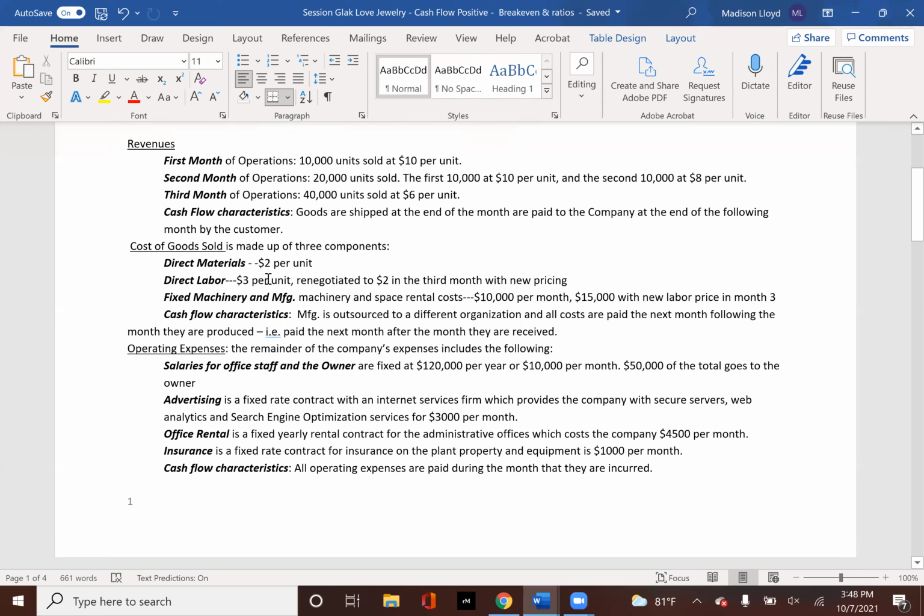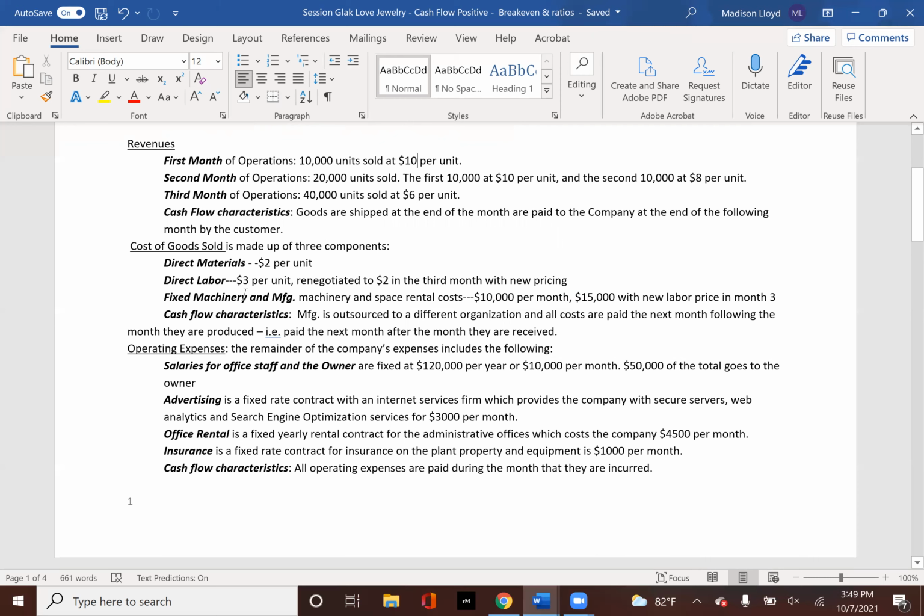That is how much cost of goods sold it takes to create one unit. So $5 per unit is the cost of goods sold for a $10 unit. You take your $5 cost of goods sold and subtract that from your $10 per unit to give you basically what you keep, which is $5 per unit. That is going to be your profit.